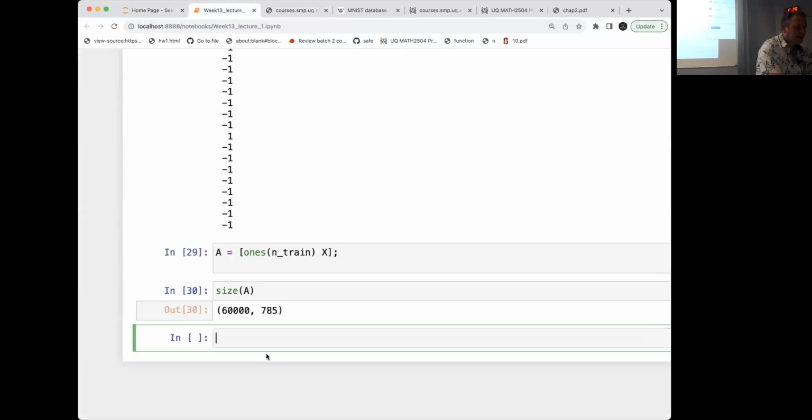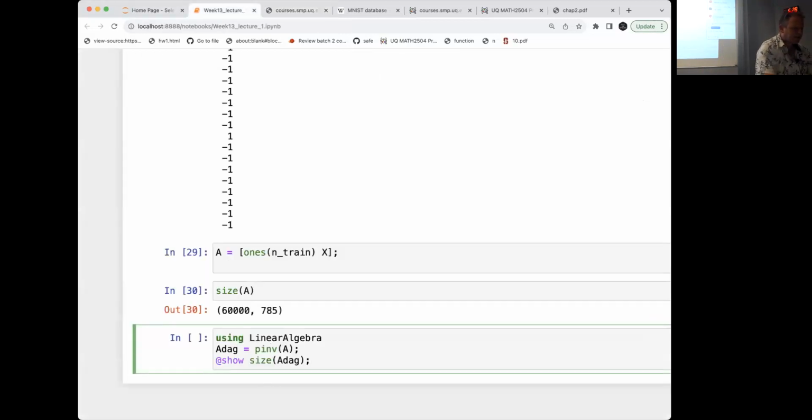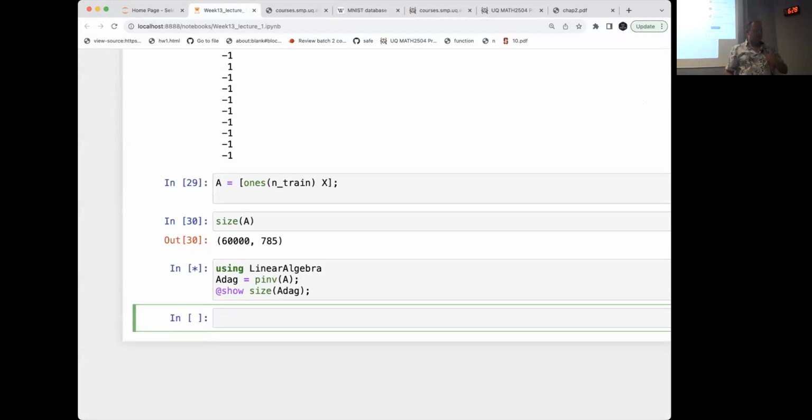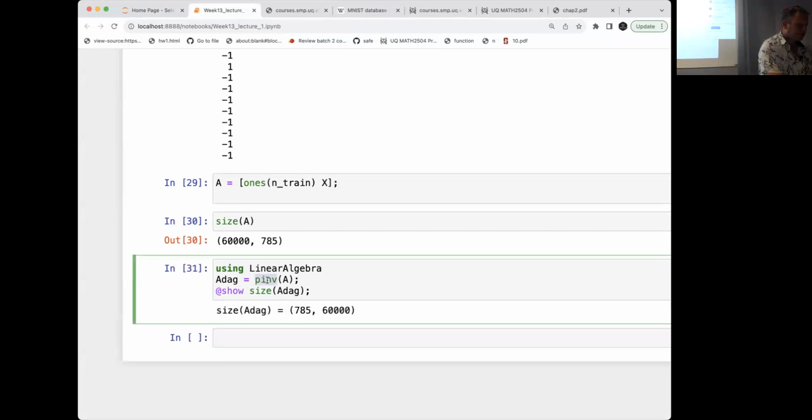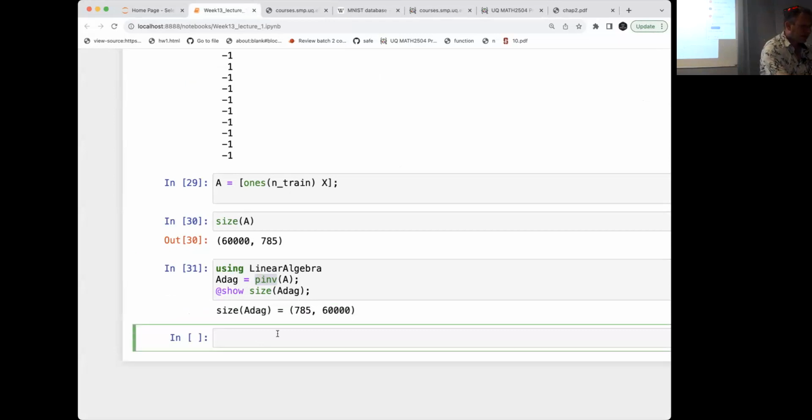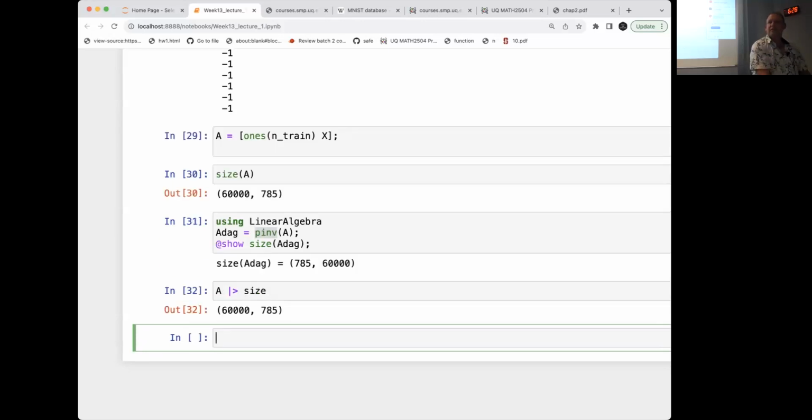I gave you this whole story about gradient descent, but we're actually not using gradient descent here. We're just using a numerical linear algebra routine, pinv. If I do pinv of A, where A is the 60,000 by 785 matrix, I can use a function that comes from the linear algebra package.